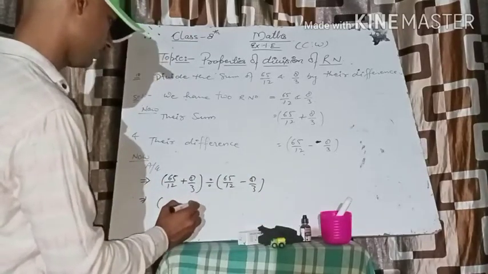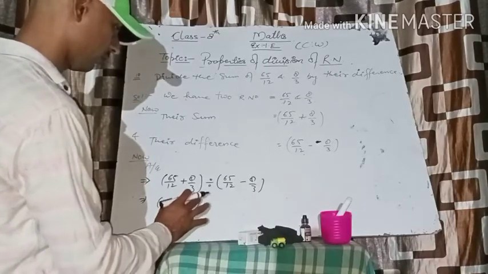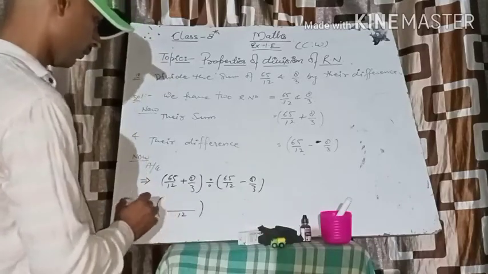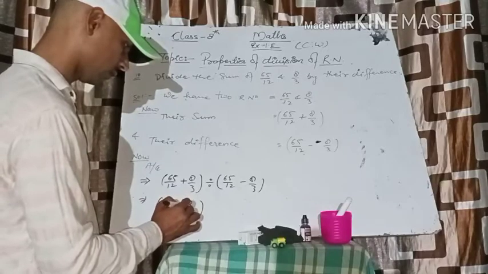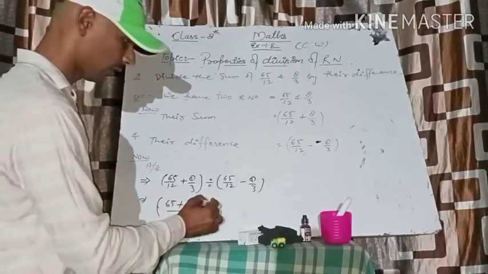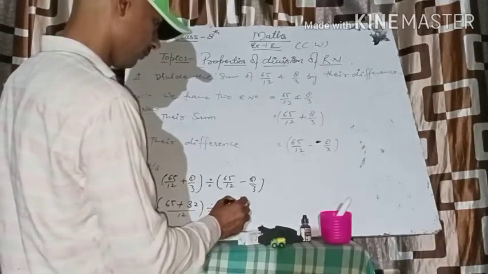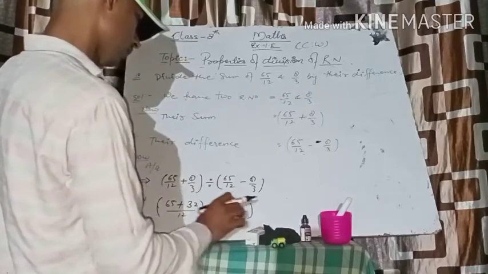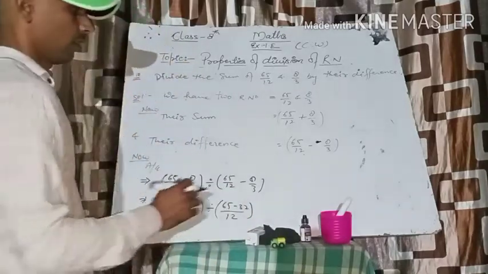Take the LCM. What's your LCM? 12. Now 65 plus 32, you know it. Here again 12 as the LCM, 65 minus 32.